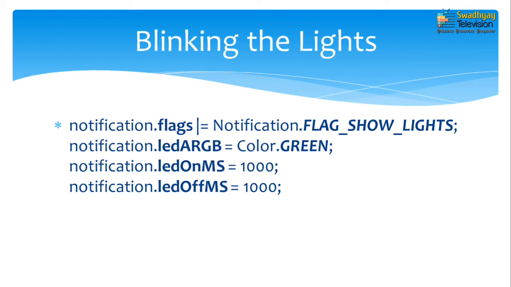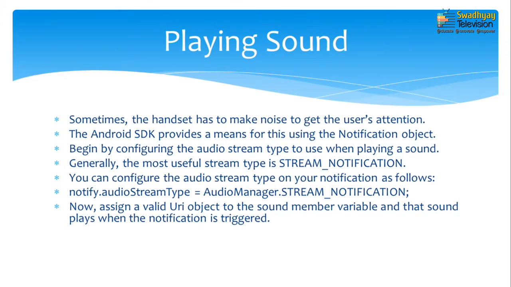So, here I write notification dot flags or equal to notification dot flag show lights. This flag must be set in order to blink the light, and the 3 arguments specify color and on and off time for your light. So, this is how we can blink a light.